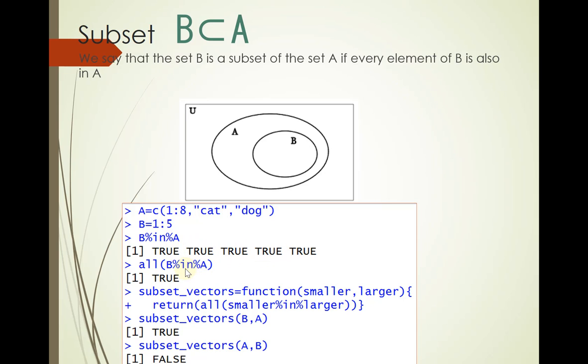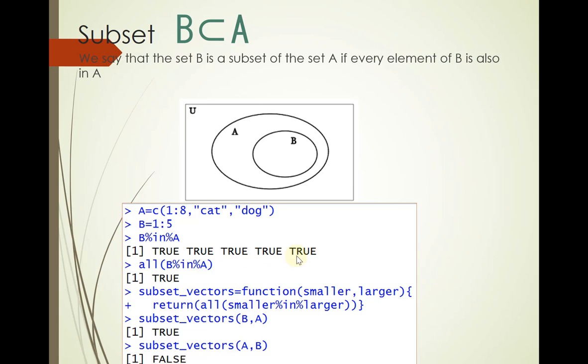So there's another function called all. And what all does is it checks whether, now, once again, what does this produce? This produces a vector. It produces a Boolean vector, a logical vector, a true-false vector, a bunch of true falses.